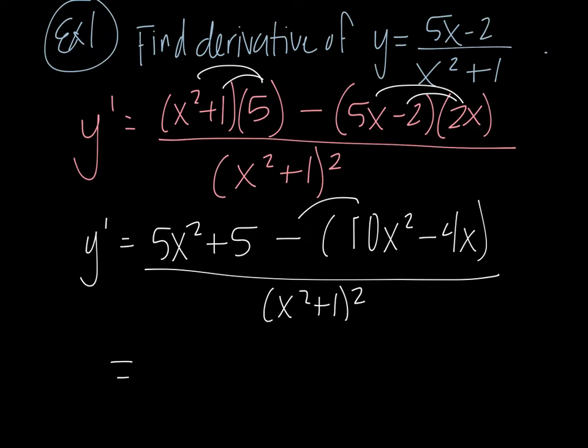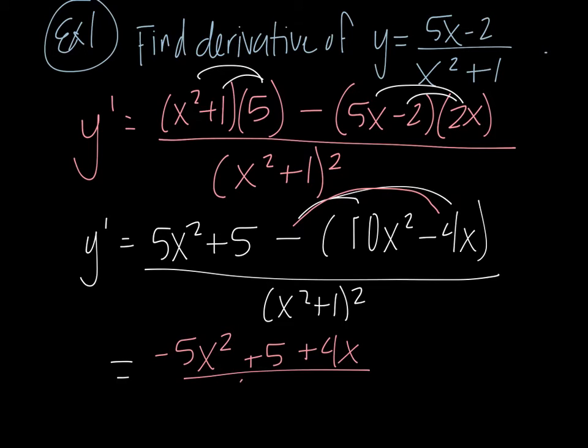Now really this minus sign is going to distribute to both things. So that's going to be 5x squared minus 10x squared. And that will give me a negative 5x squared. I'm going to have a plus 5 that stays the same. And then the minus times the minus will end up being a plus 4x.